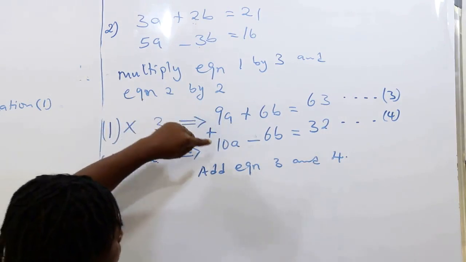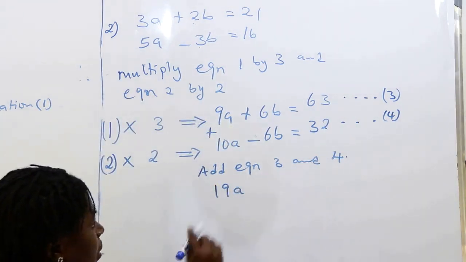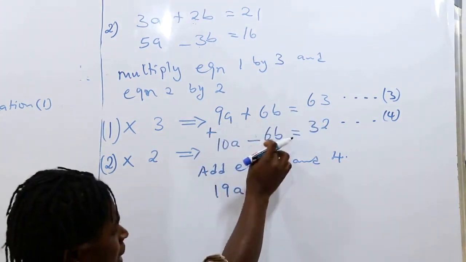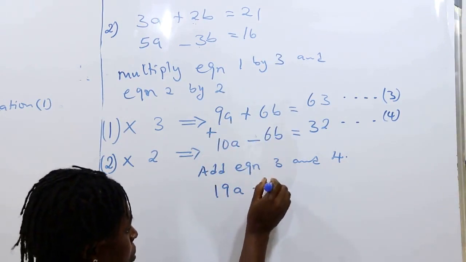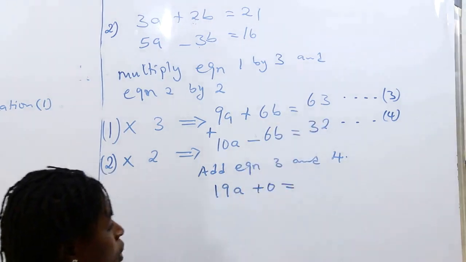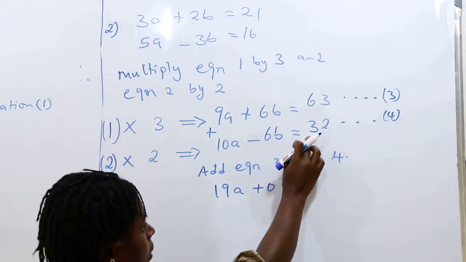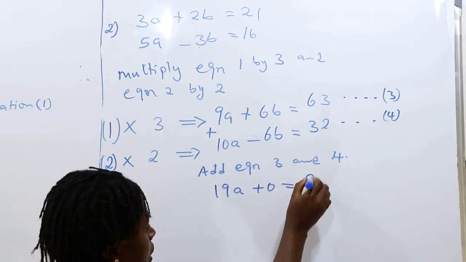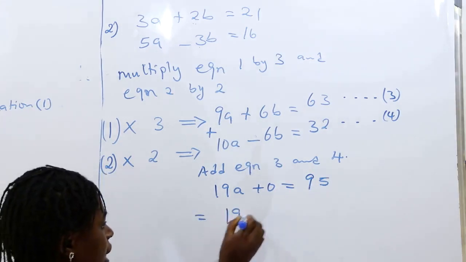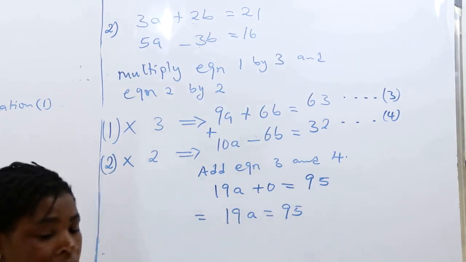9a plus 10a will give us 19a. 6b plus minus 6b will give you 0. Then 63 plus 32 will give us 95. So our equation now is 19a is equals to 95.